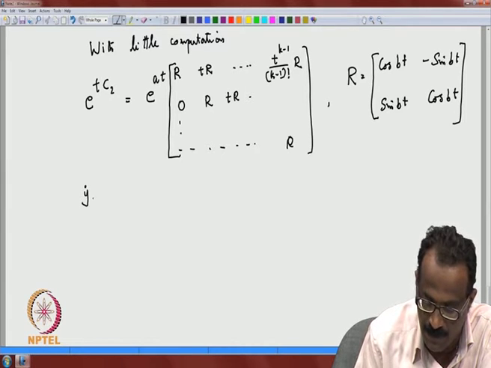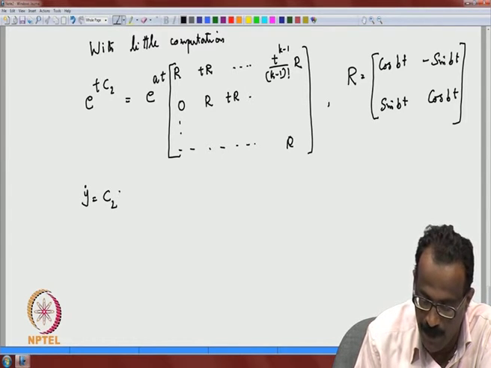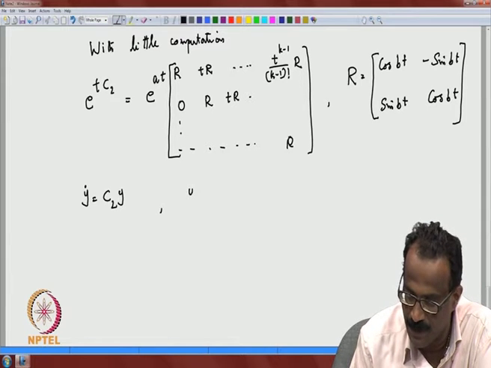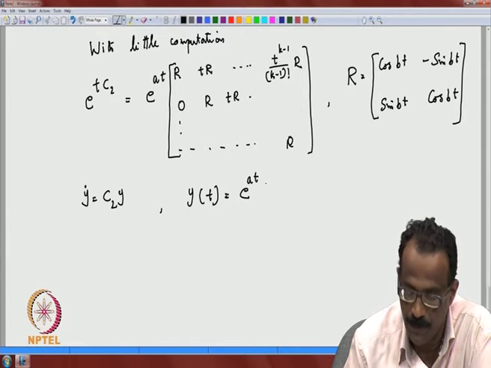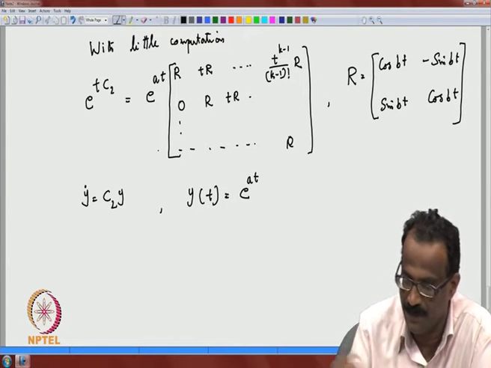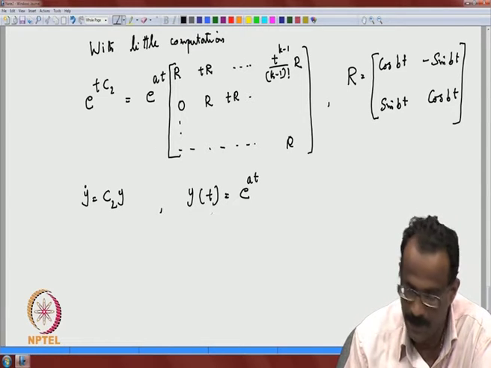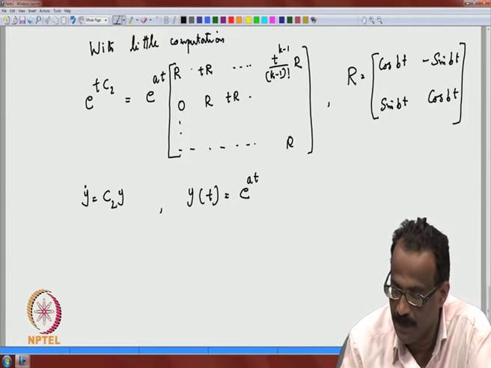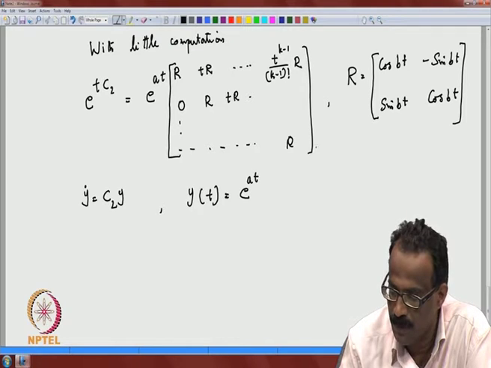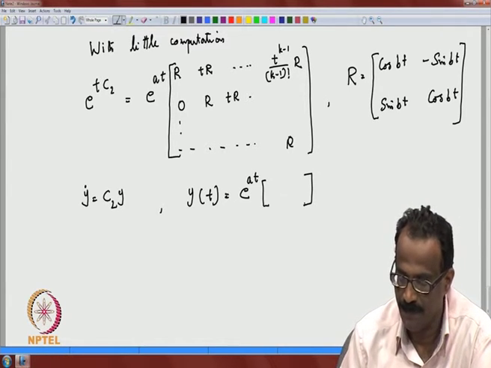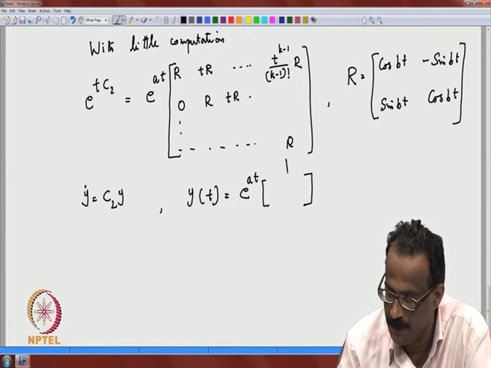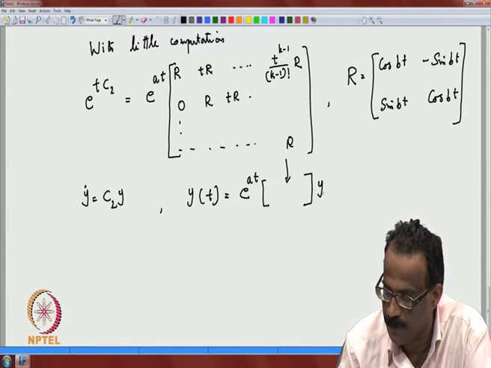If you have the solution y equal to C2 y of this form, your solution will be y(t) is equal to e power at into this matrix, into your y naught.